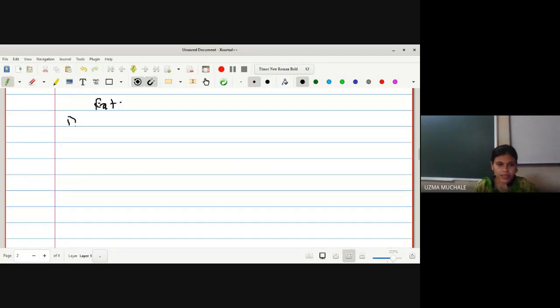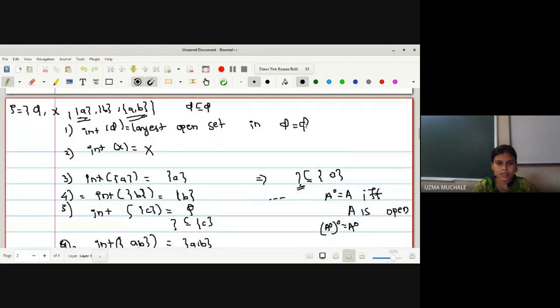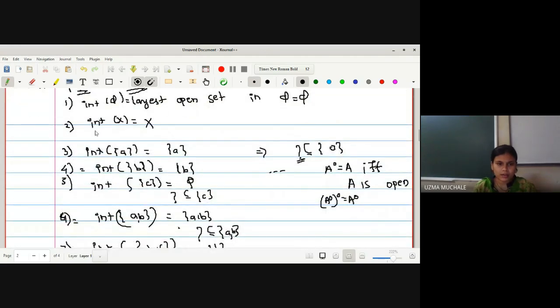For finding the exterior, first we go for the exterior of the empty set. The exterior of the empty set is the interior of the complement of phi, that is, the interior of X. What is the interior of X? Just now we have found it, so we can make use of it.